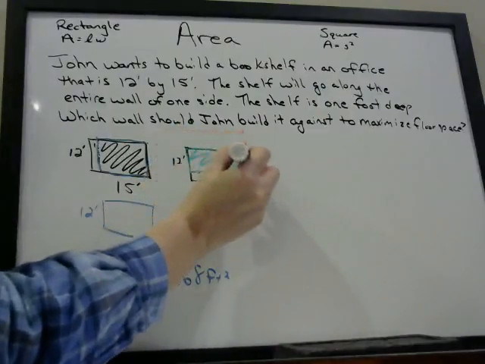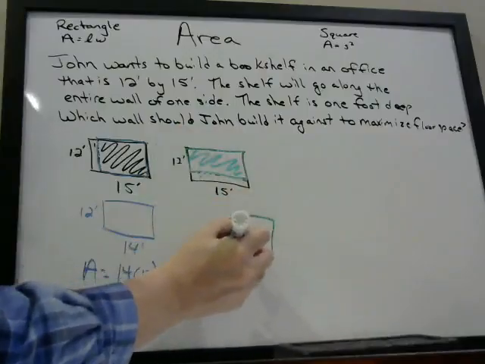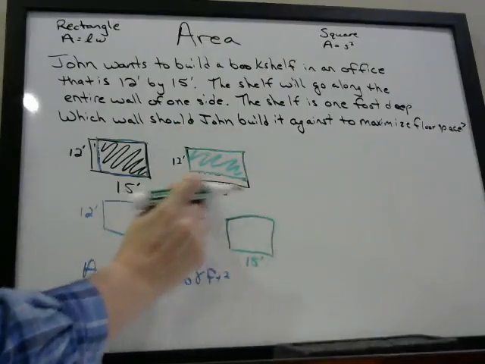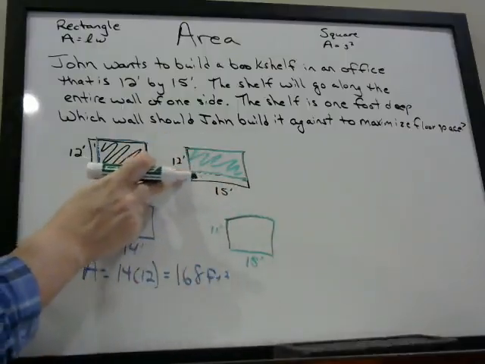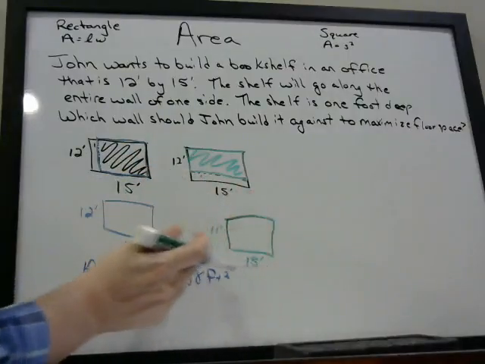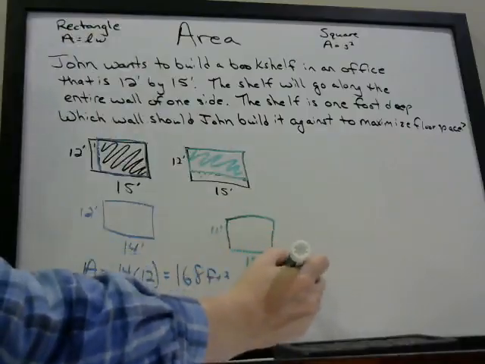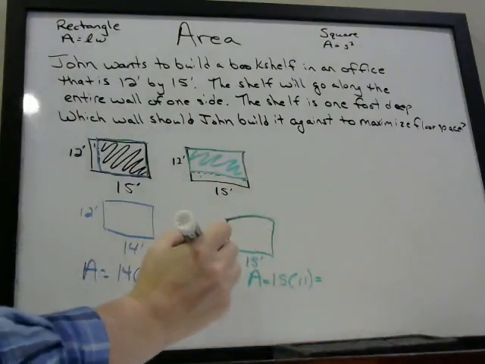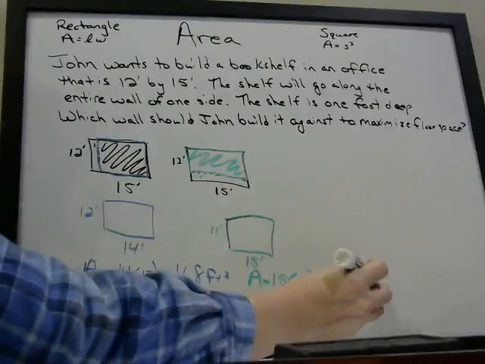So the area of this rectangle is still 15 feet long, but now it's only 11 feet wide because we lost this foot there. So 12 minus 1 is 11. How do you find the area of that? Same formula. Area equals length, which is 15, times width, which is 11. You put that into your calculator, you're going to get 165 feet squared.